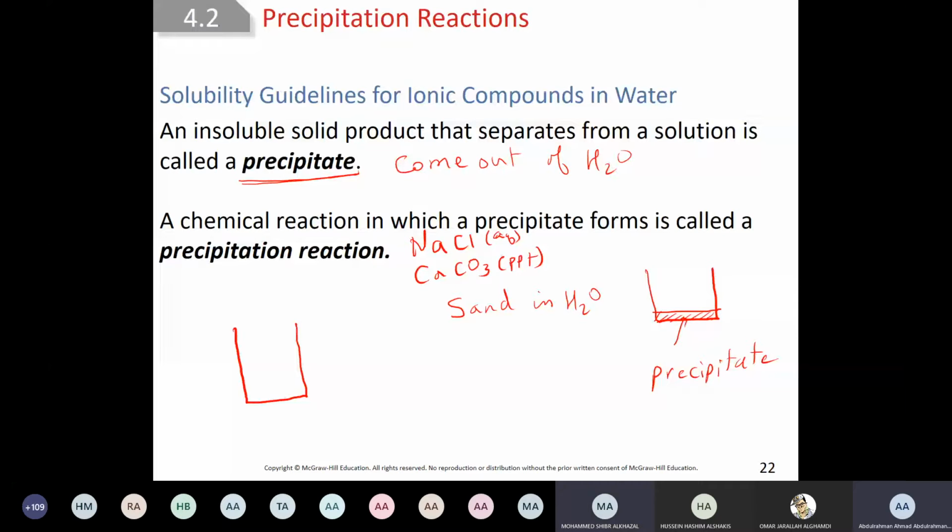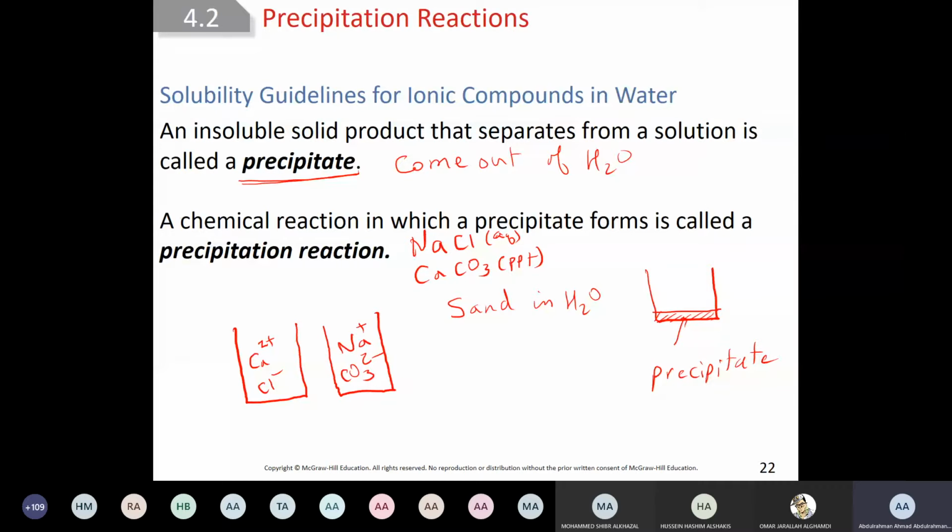Clear? Good. If I put two pots here, in the first one I put calcium chloride, calcium 2 plus and Cl minus. And in the other one, I put sodium carbonate, sodium plus and CO3 2 minus.